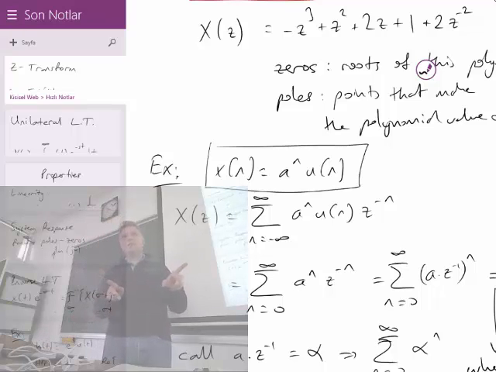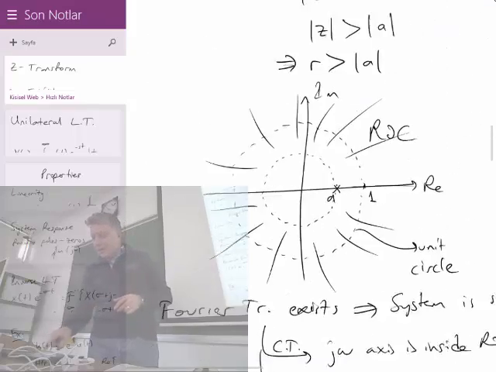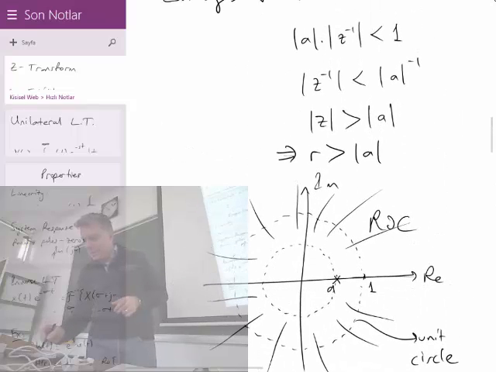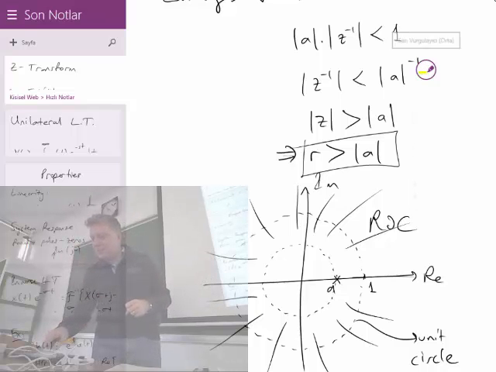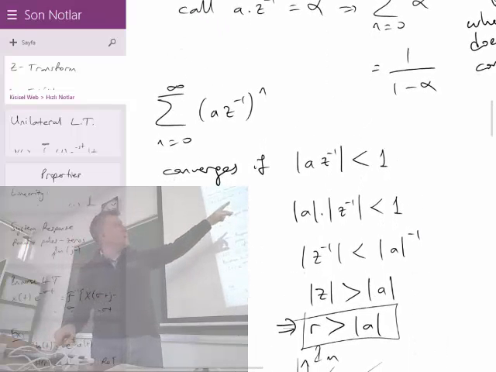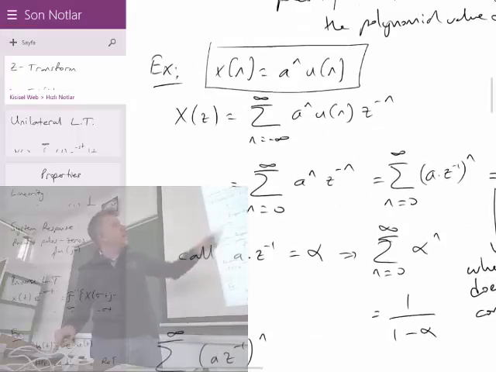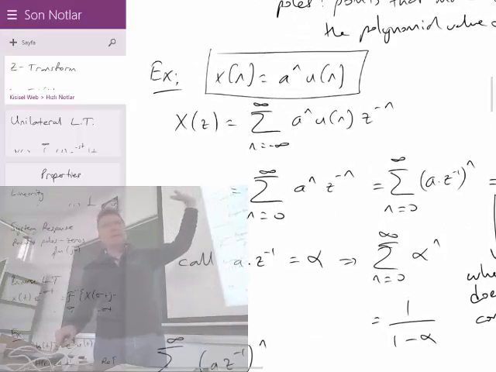You have two choices, and you will have to choose according to the region of convergence. If the region of convergence is R greater than the pole, out of the pole, then you have to choose the right-hand sided solution, which is this one with the box, the right-hand sided solution.